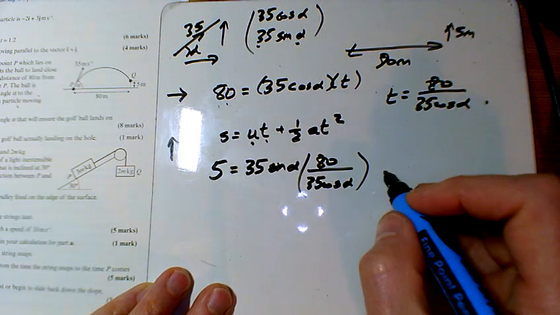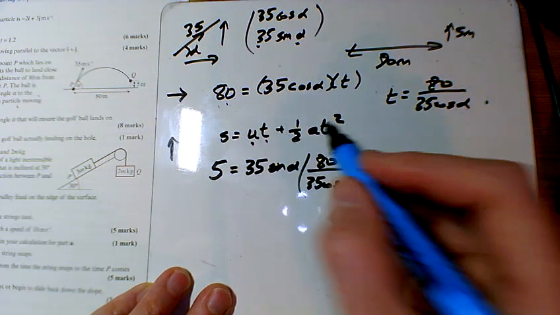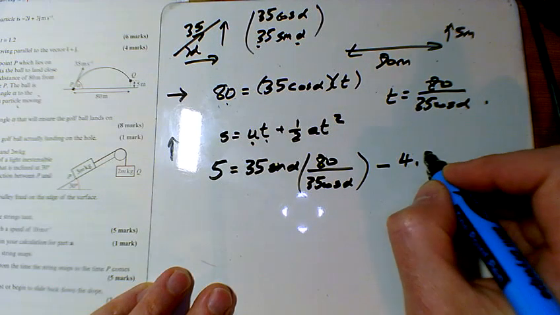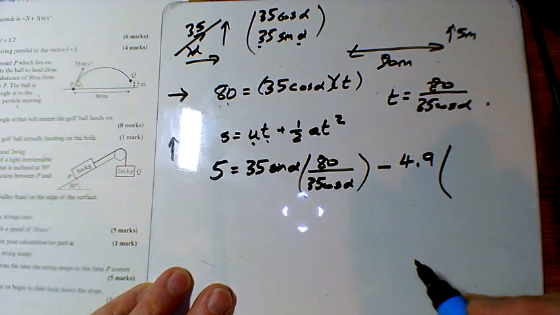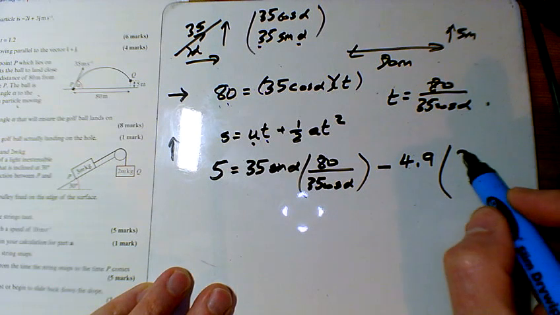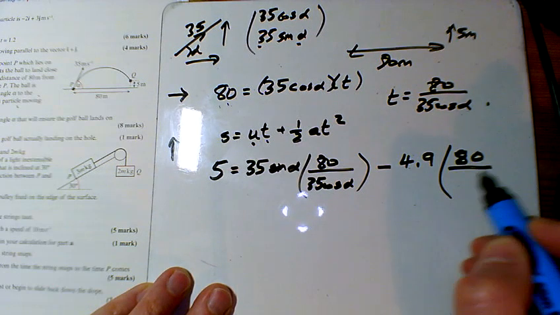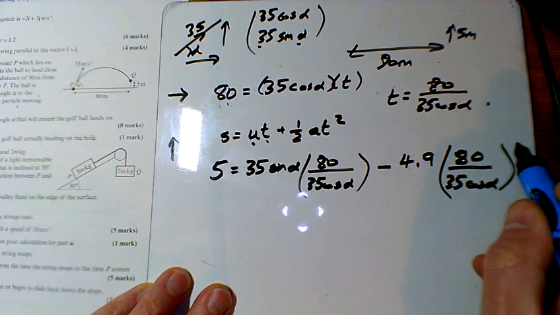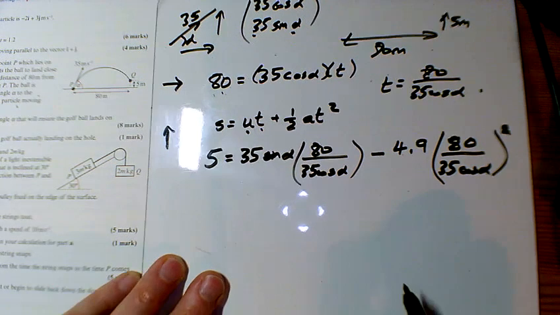So plus, or rather minus, half a, so I've got 9.8, half of 9.8 is 4.9, and then now we've got t squared, and t is this one here, 80 over 35 cos alpha all squared. Pretty yucky.